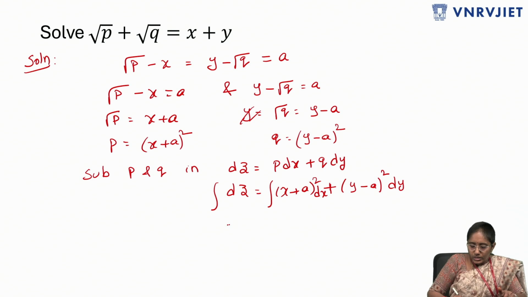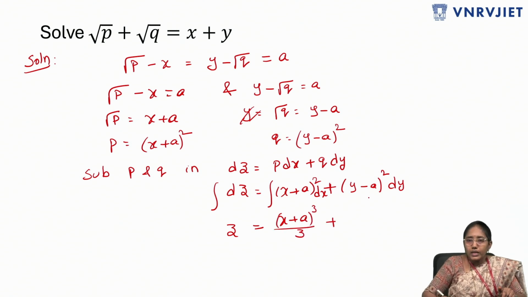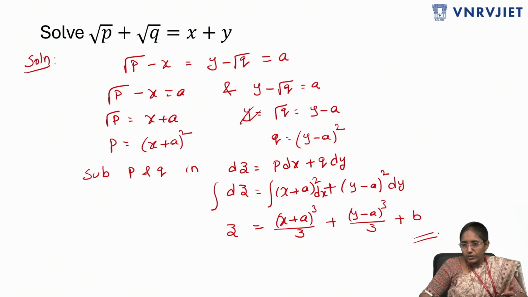Now the integral of dz is z, which is equal to the integral of x plus a whole square, that is x plus a whole cube by 3, plus the integral of y minus a whole square, that is y minus a whole cube by 3, plus integrating constant b. This is our required solution for this equation.